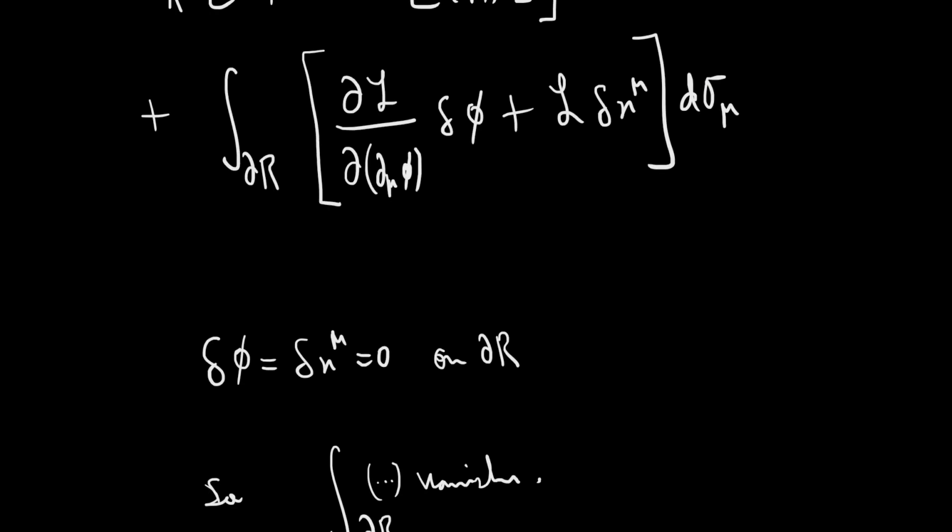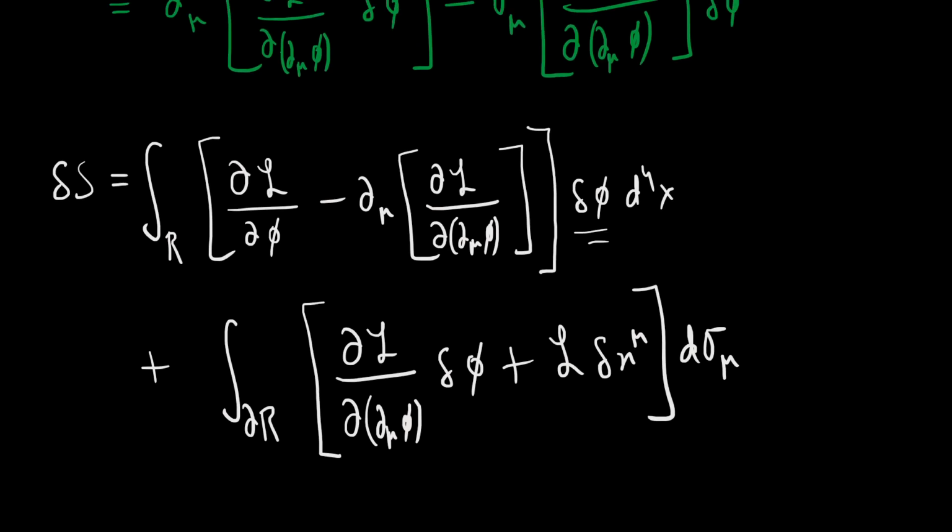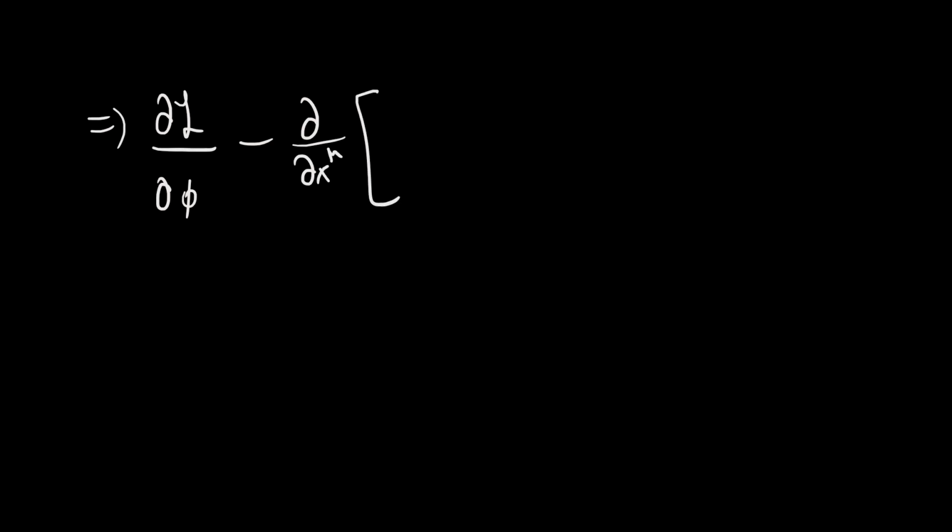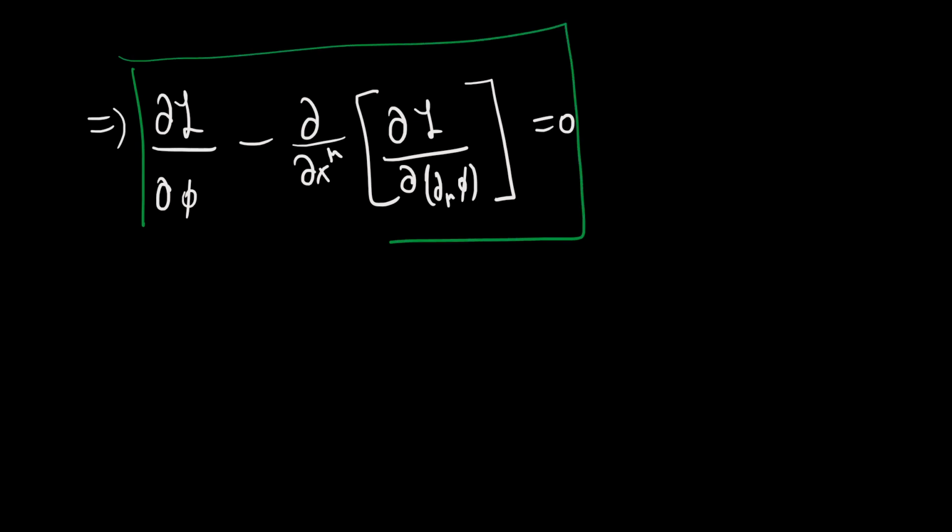So we're left with one integral, and since delta phi is arbitrary, which implies del L by del phi minus del by del x mu of del L by del mu phi is equal to 0, which is our Euler-Lagrange equation for scalar field phi.